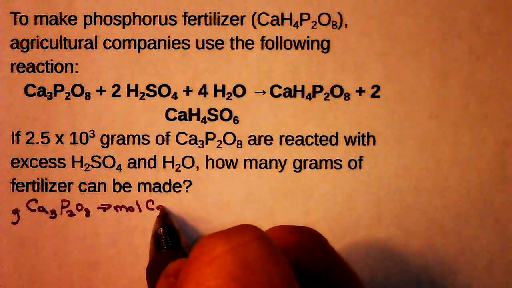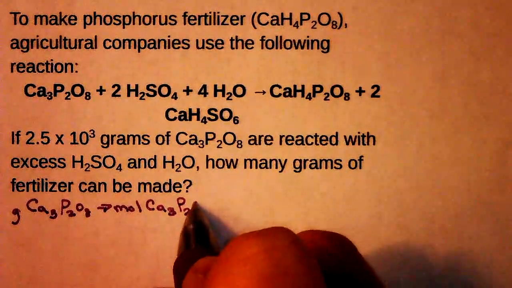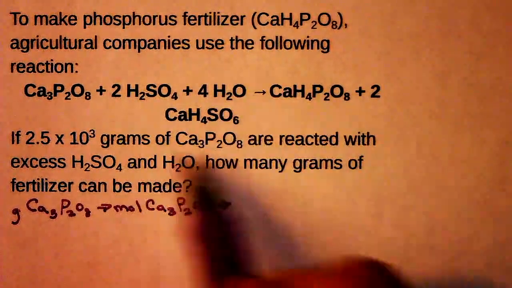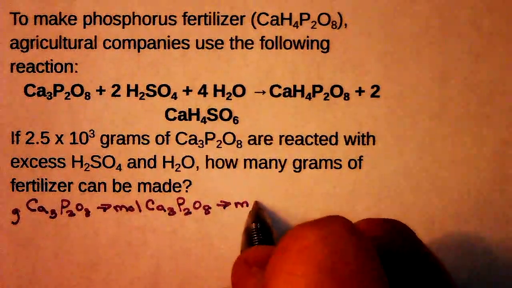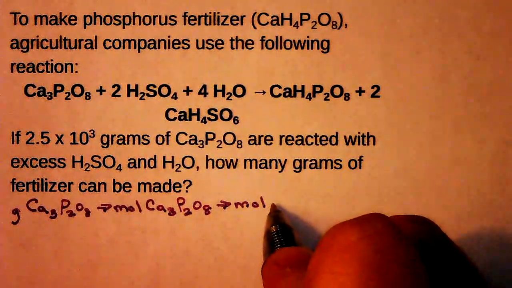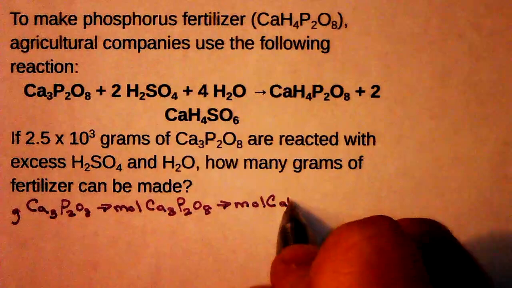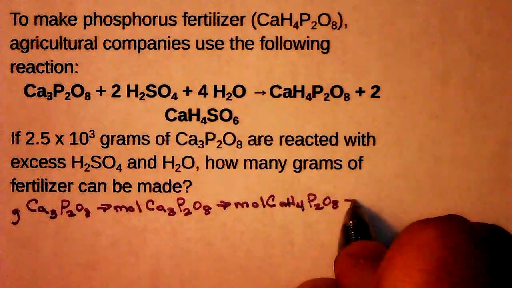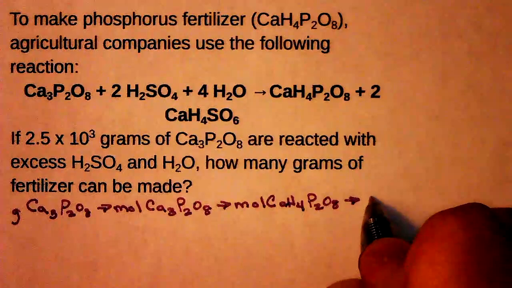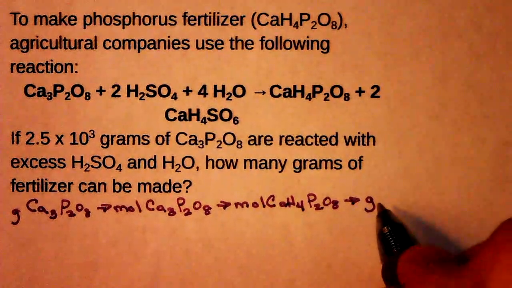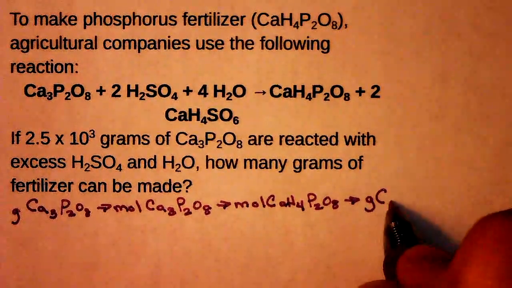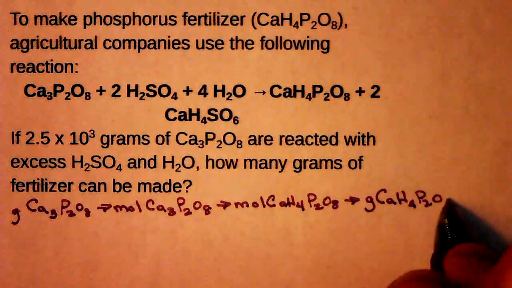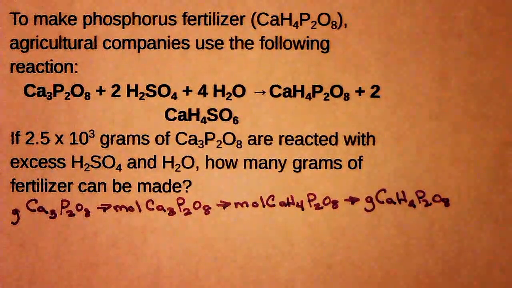Then we are going to use this balanced equation to convert into moles of CaH4P2O8. And then finally, using molecular mass, we are going to get into grams of what it is that they're asking for, in this case CaH4P2O8. All right, so that's our roadmap.